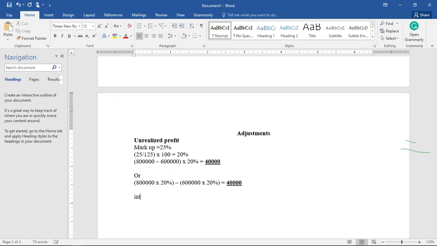Then you find your intra-group cost of sales. We are dealing with the income statement over here, so wherever profit affects, you must take note of that.